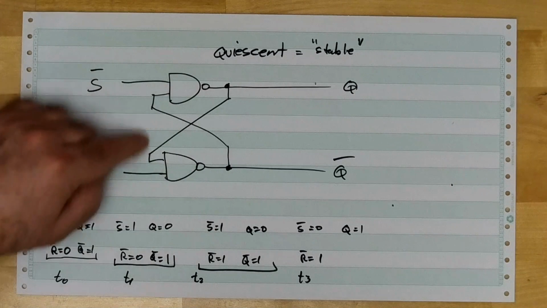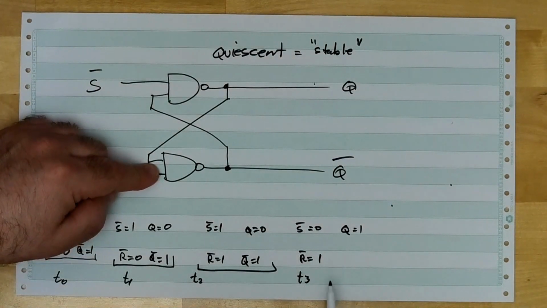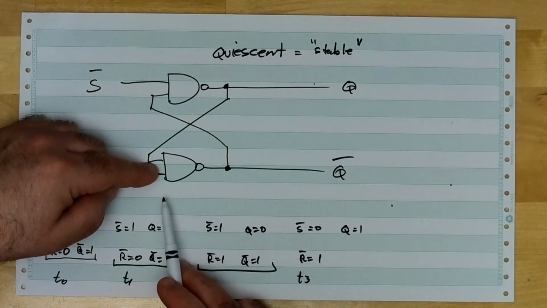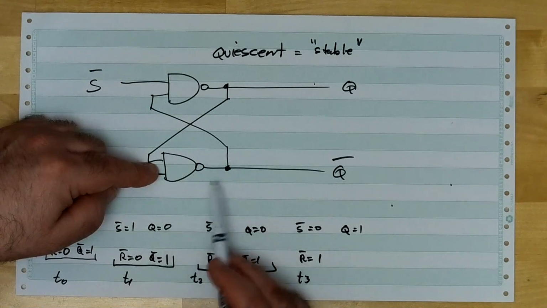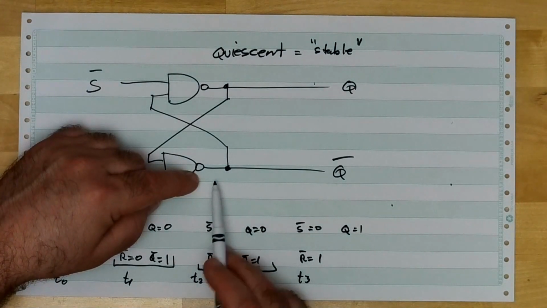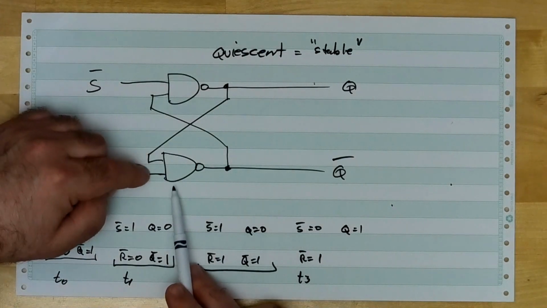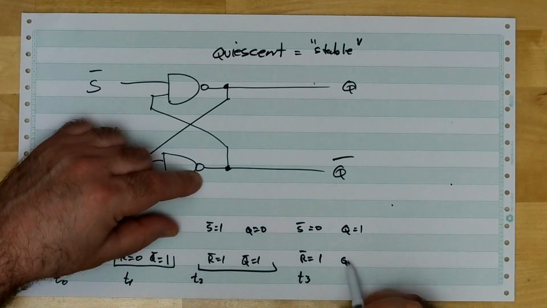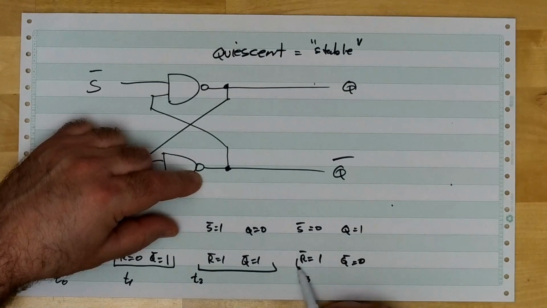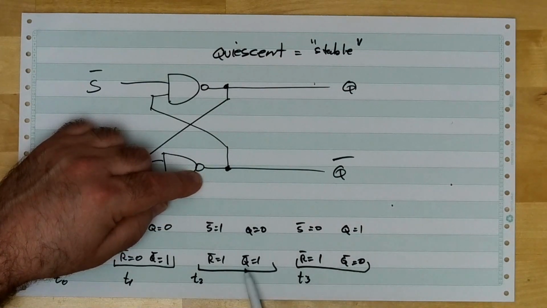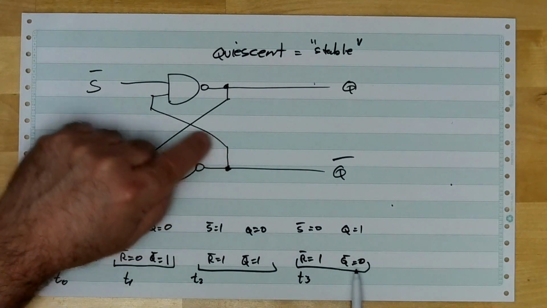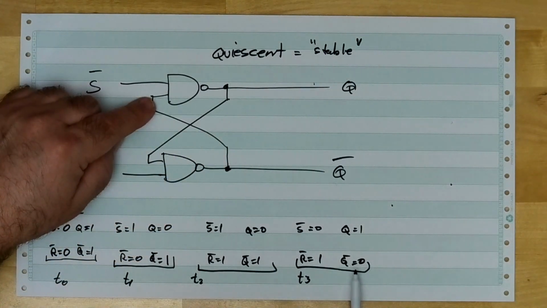Okay, and if Q is a 1 down here, and R bar is a 1, this must become a 0, right? Because 1 NANDed with 1 must be 0. And because Q bar just changed from a 1 to a 0, we need to count back up and see if it did anything over here, right?